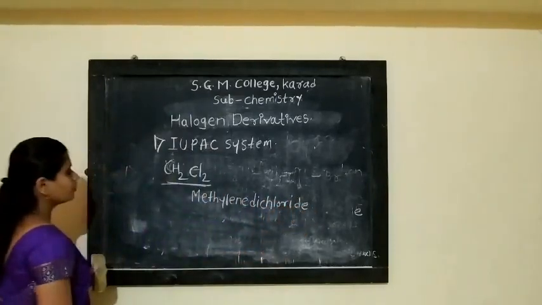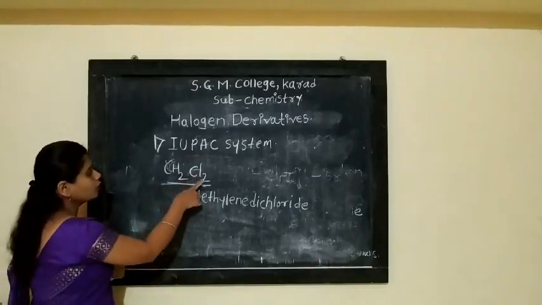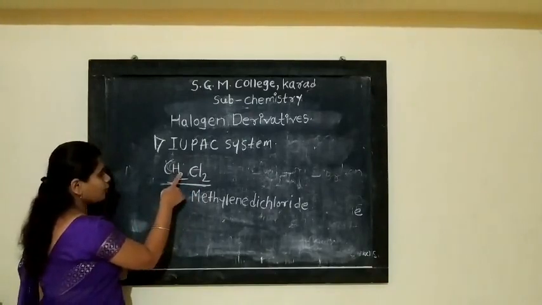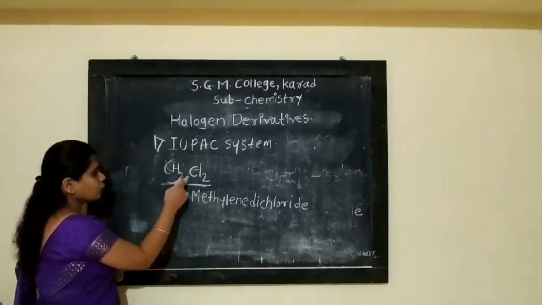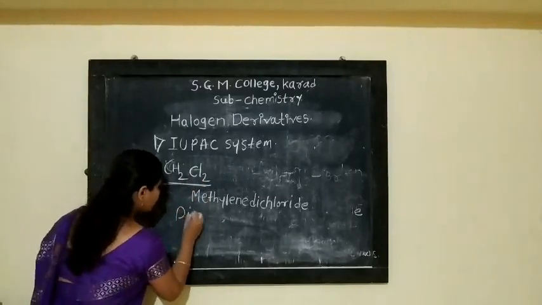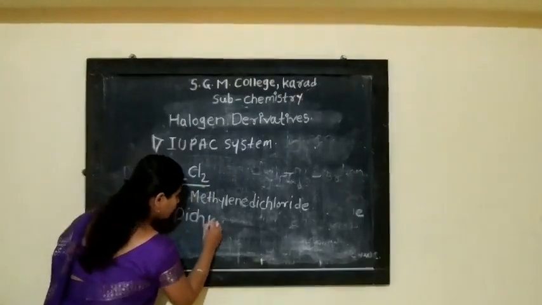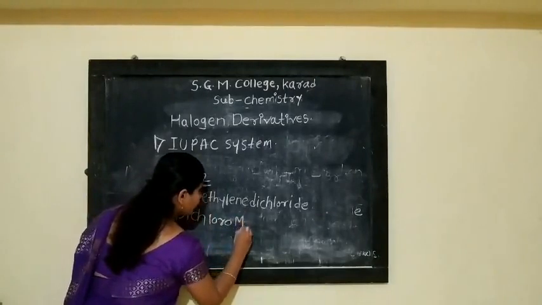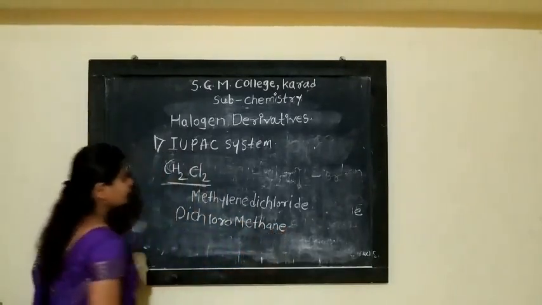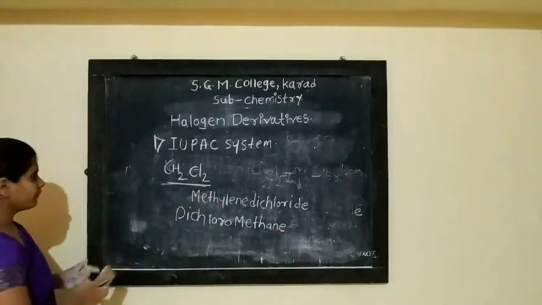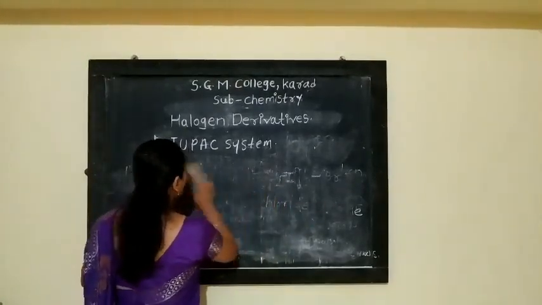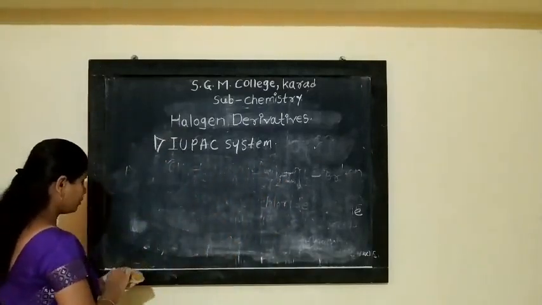And what is the IUPAC name? Here two chlorine atoms are attached, replacing hydrogens in that methane group. So the name of this compound is dichloromethane. So this is in the case of methane. Let's take a few other examples.